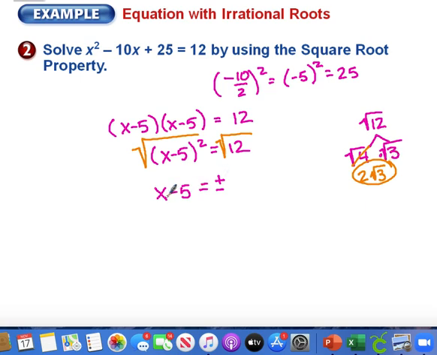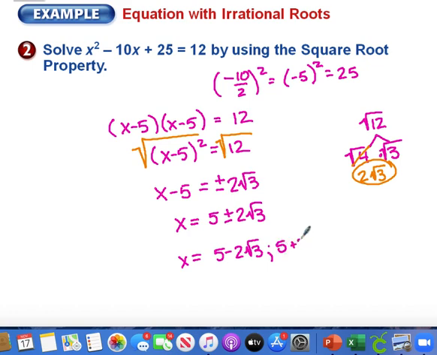So I'll have x minus 5 equals positive or negative 2 square roots of 3. Then I'm going to take that 5 over, and I'll get 5 plus or minus 2 square roots of 3. Now, I can't really do the math on that without taking it to a decimal or a rounded value. So I'm going to leave two choices, 5 plus or minus 2 square roots of 3.